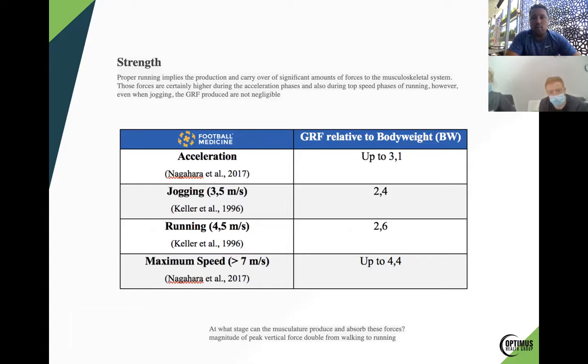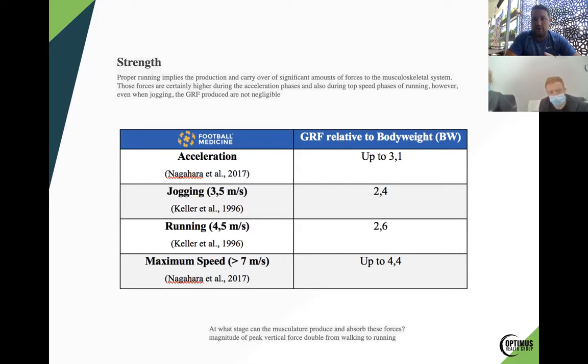movements. And when we're speaking about running, effectively running is a plyometric, hopping from one leg to the other, where at one point in time there's both feet off the ground, okay? You can see that that increases significantly when you go from running at 4 meters per second to maximum speeds.